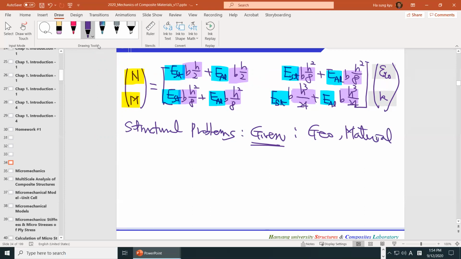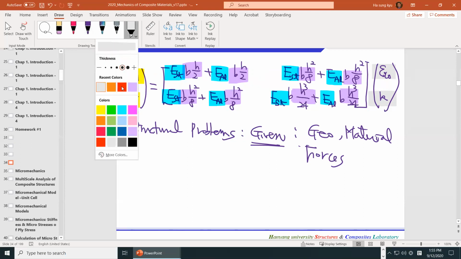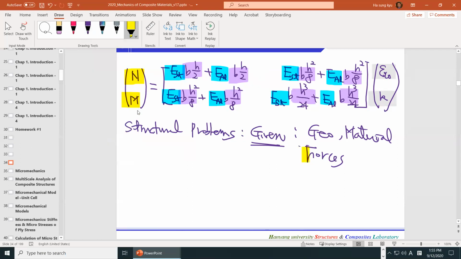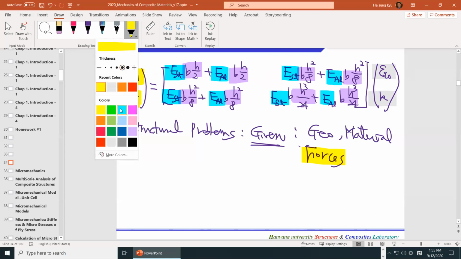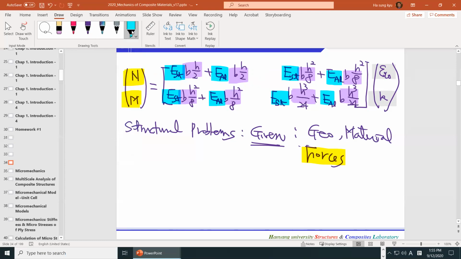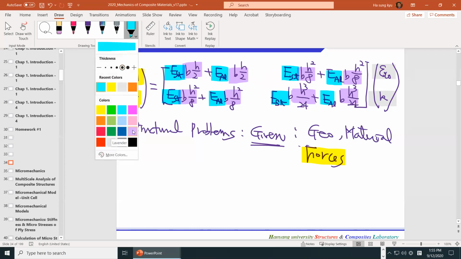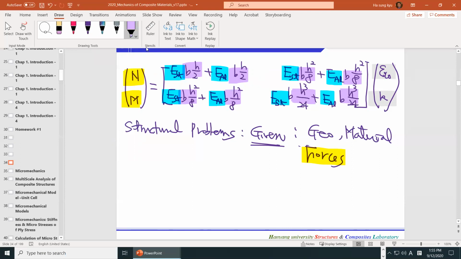We always need to know force. These are the three terms we need to have to solve the equations. So as you can see, this N and M is the force. And geometry, what is the geometry? Geometry is a thickness and width.